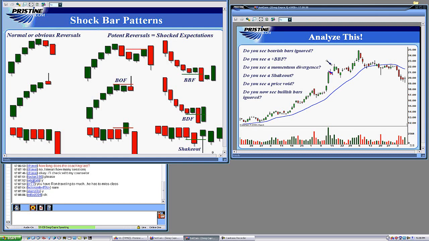Here's our breakout bar failure, and when we discuss those, I said that these are not reasons to sell short. Breakout bar failures tell you to take profits. That pattern is going to provide a reference point where sellers should show up again.